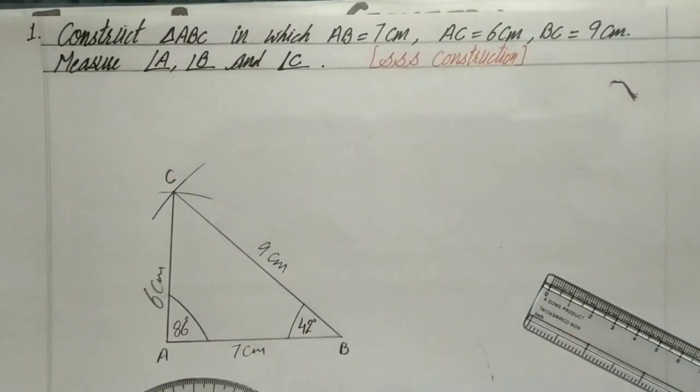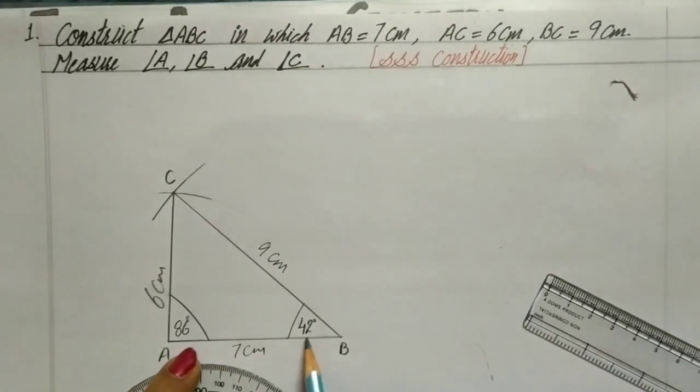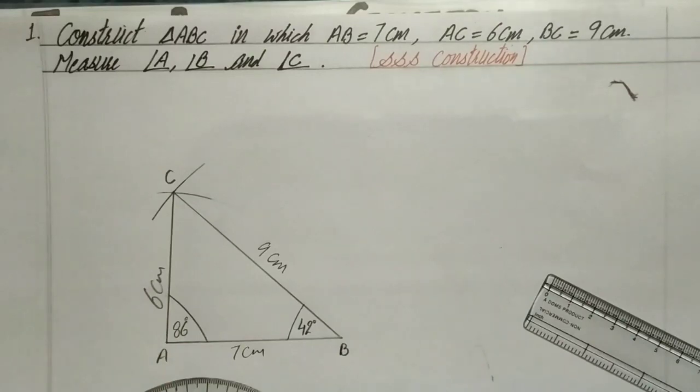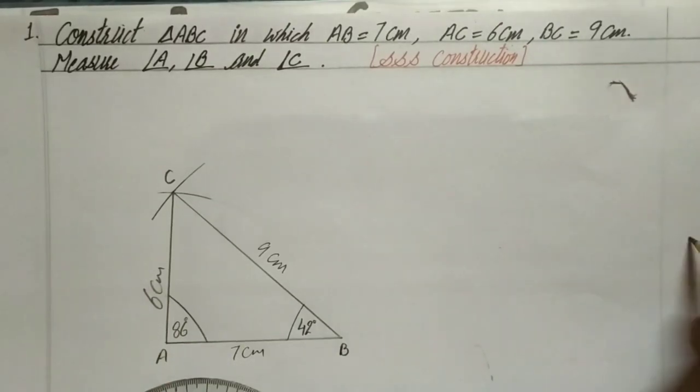Now, as you are already aware of the angle sum property, according to that the sum of three angles should be 180 degrees. What is the sum of these two angles? It's 86 plus 42, 128. So what should be the measurement of the third angle? 180 minus 128, it should be 52 degrees.